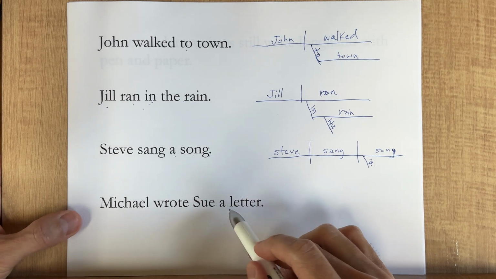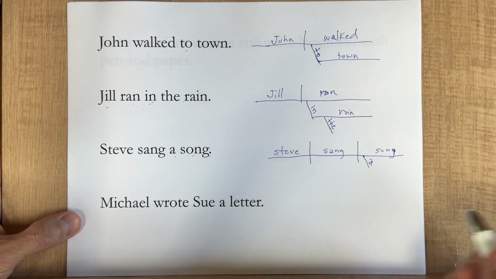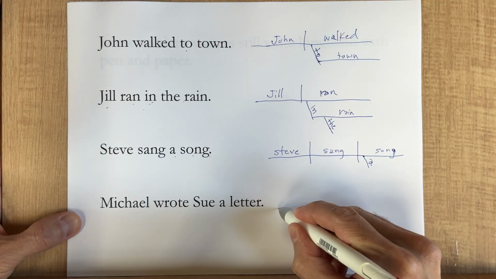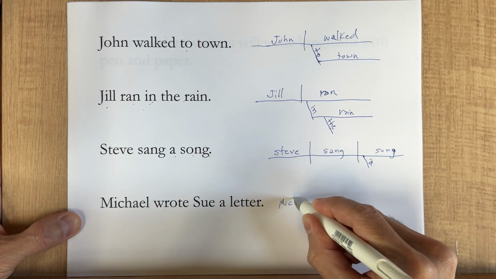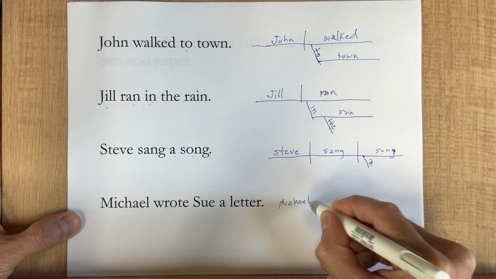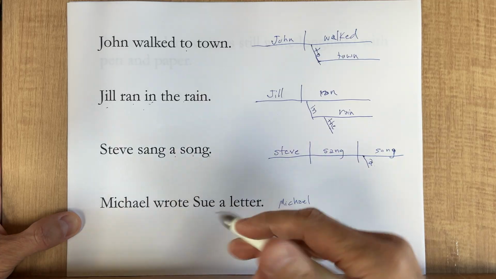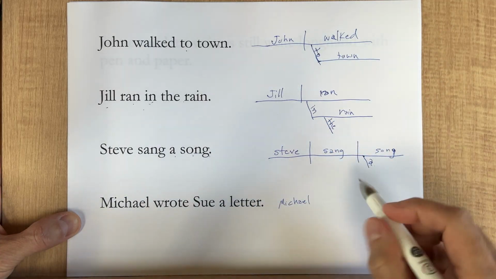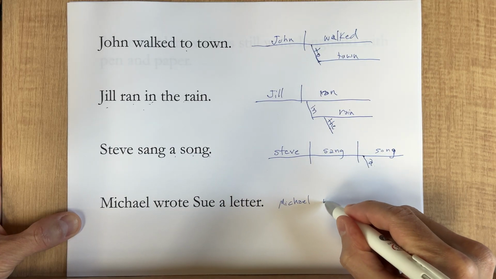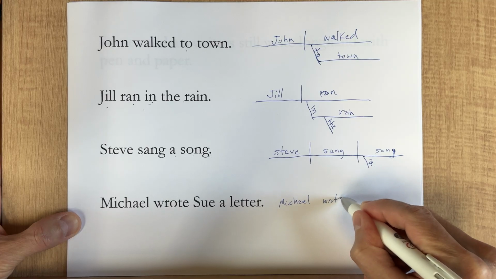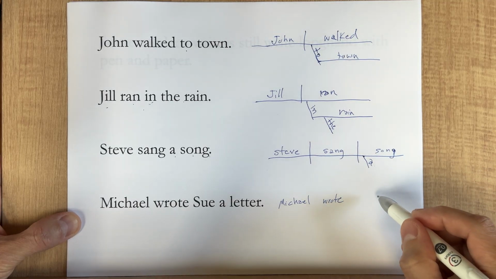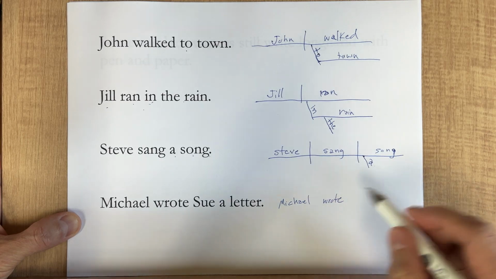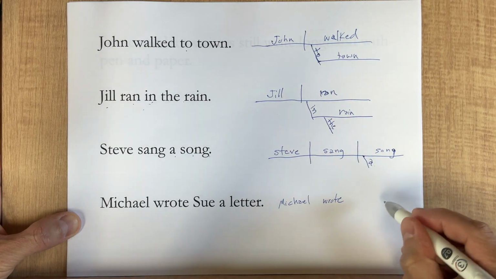Michael wrote Sue a letter. So we go Michael. And then we know wrote from the previous very simple sentences was the verb. So we go wrote. And in this case, there is a direct object, letter.